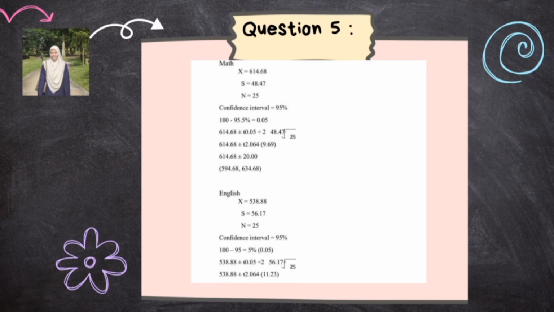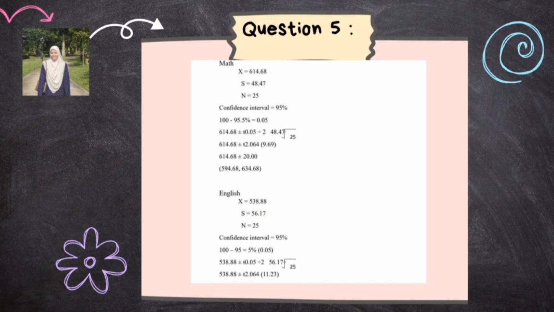Based on the calculation, the 95% confidence interval for the math score is 594.68 and 634.68. For the English score, it is 515.7 and 562.06. This interval provides a range of value within which we can reasonably expect the population mean to lie.